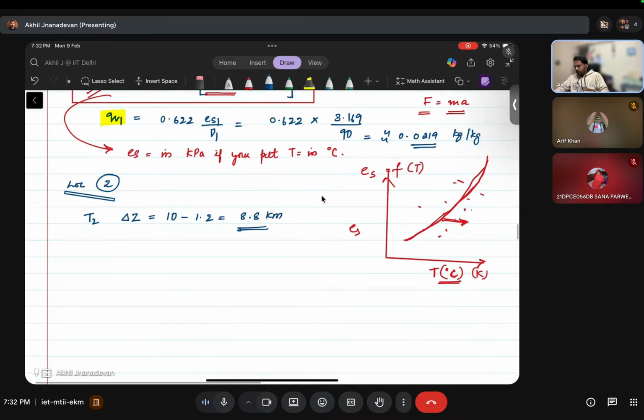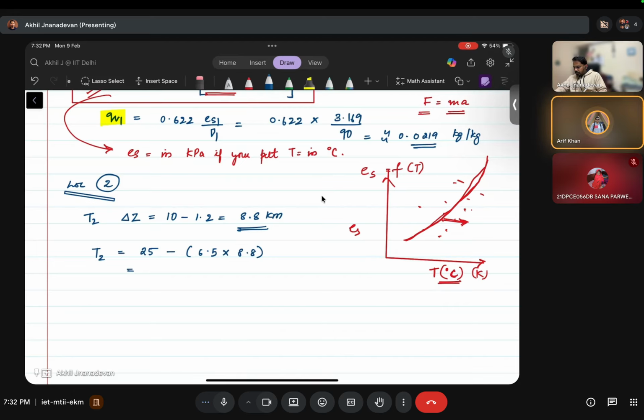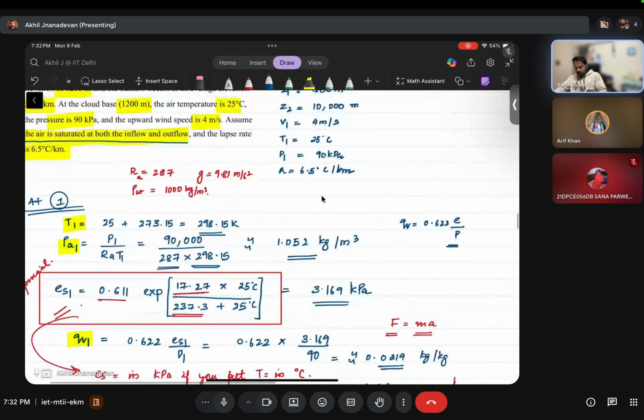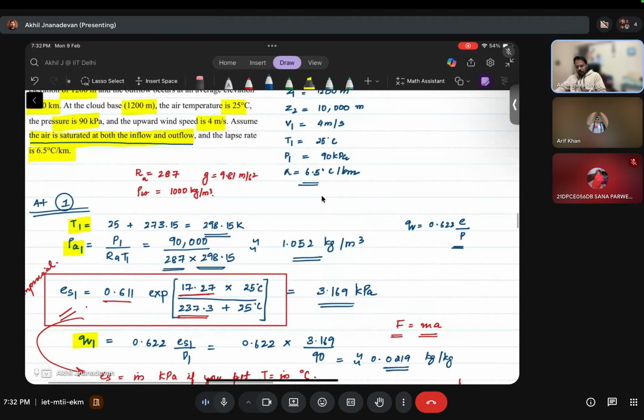So if we know delta T, the temperature at the second location is T1, 25, minus alpha, 6.5 degrees Celsius per kilometer, into the distance traveled.